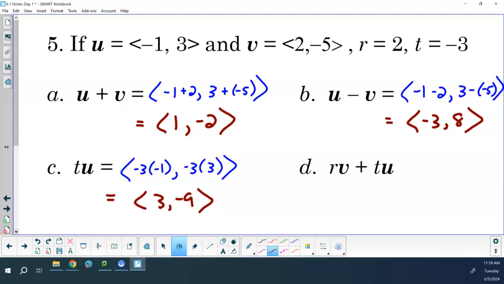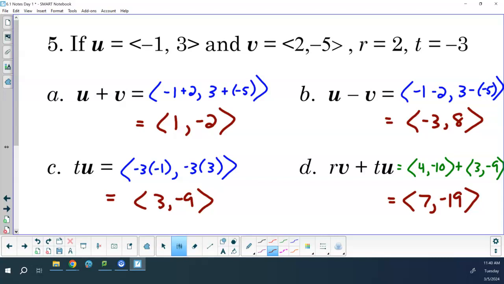RV is going to be twice V. So that's going to be 4 comma -10, plus TU is going to be 3 comma -9. 4 plus 3 then is 7. -10 plus -9 is -19.